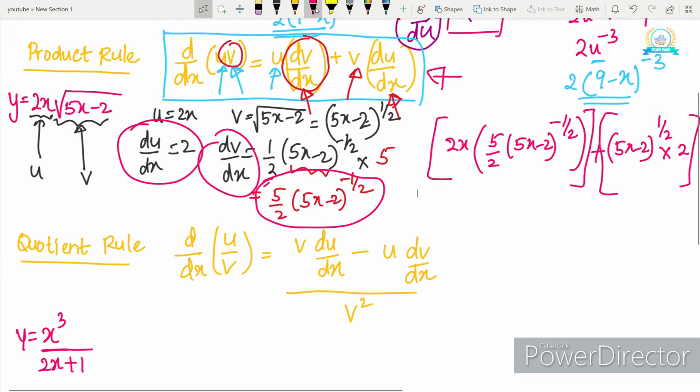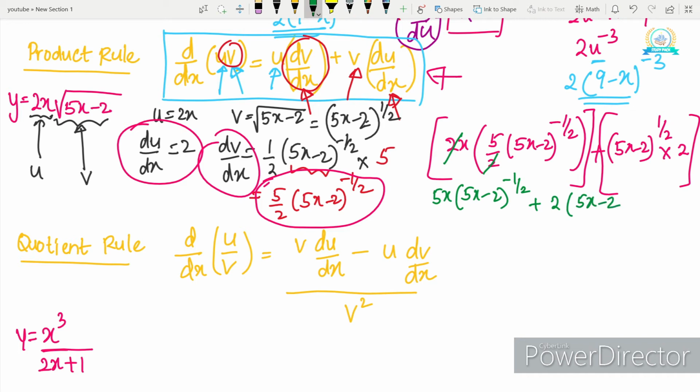Just have to simplify. If you simplify this, you'll be left with 5x minus 2 to the power minus half plus 2 times 5x minus 2 to the power half. You can actually take the 5x minus 2 to the power minus half out and simplify it further, but I'll leave it here because it's an easy simplification afterwards.